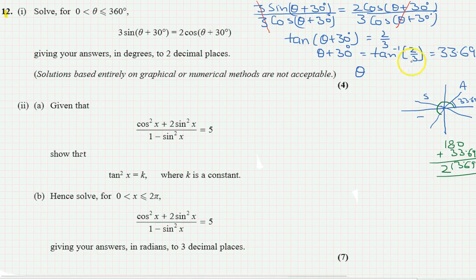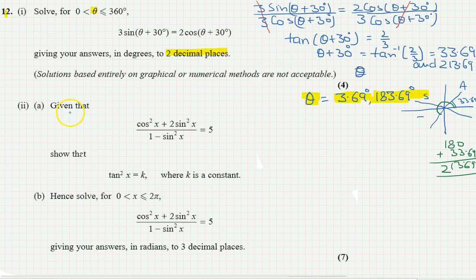So theta will be 33.69 minus 30 is 3.69 and 213.69 minus 30 is 183.69, up to two decimal places. So that is the solution of this.